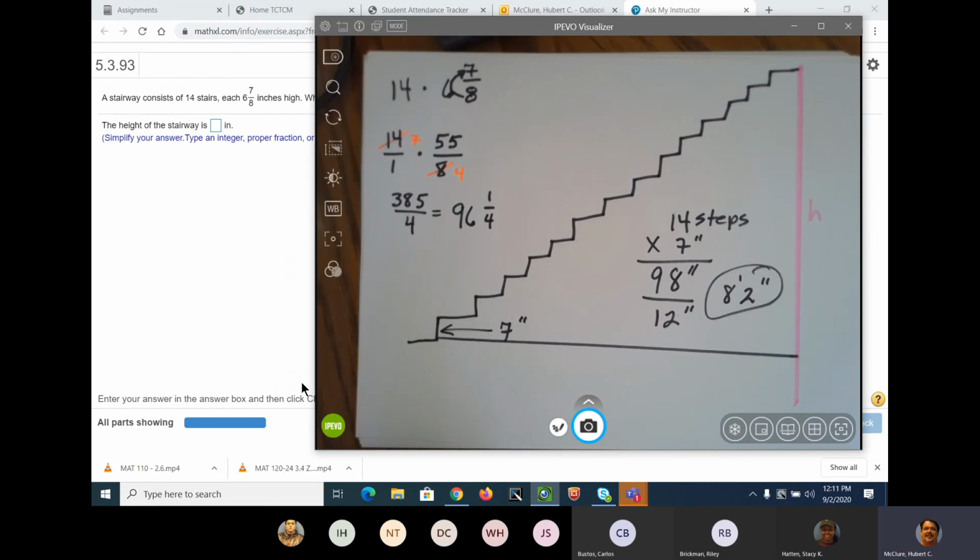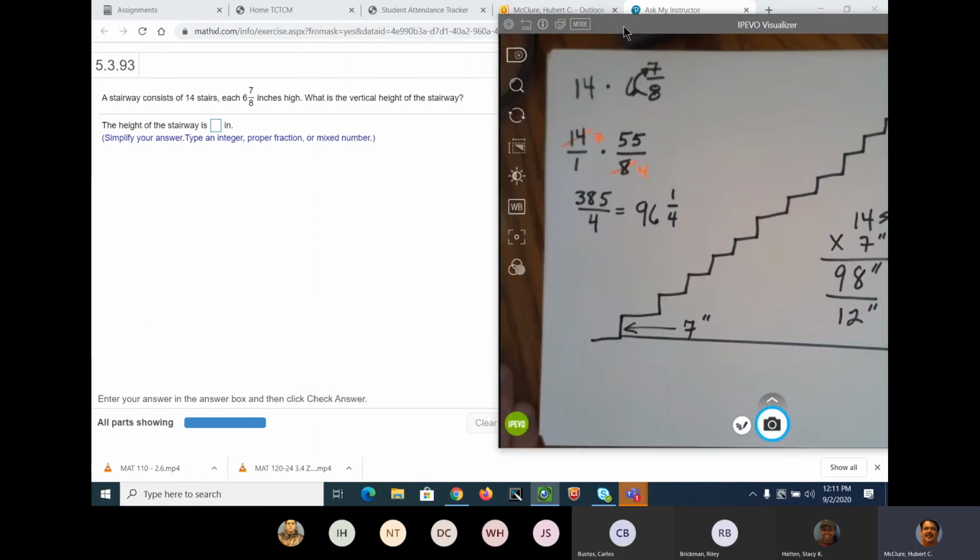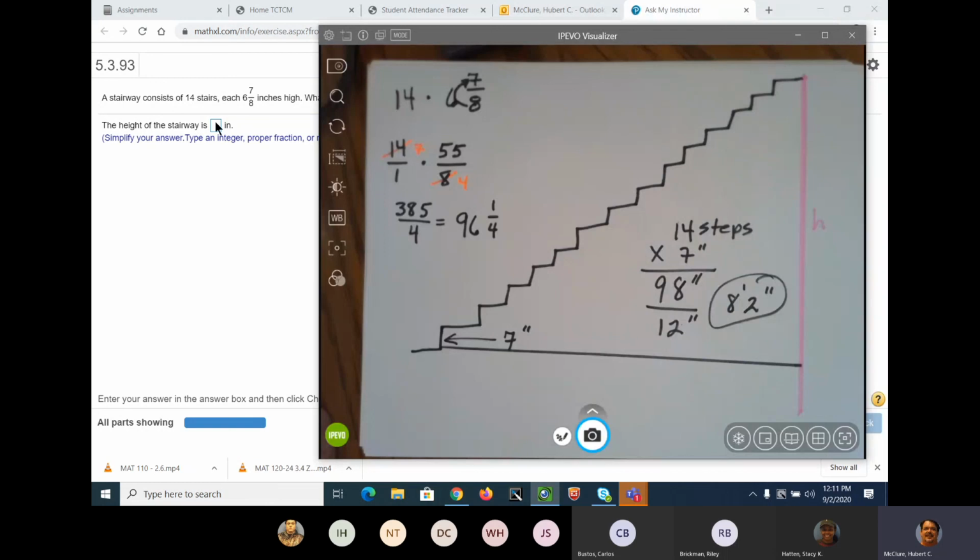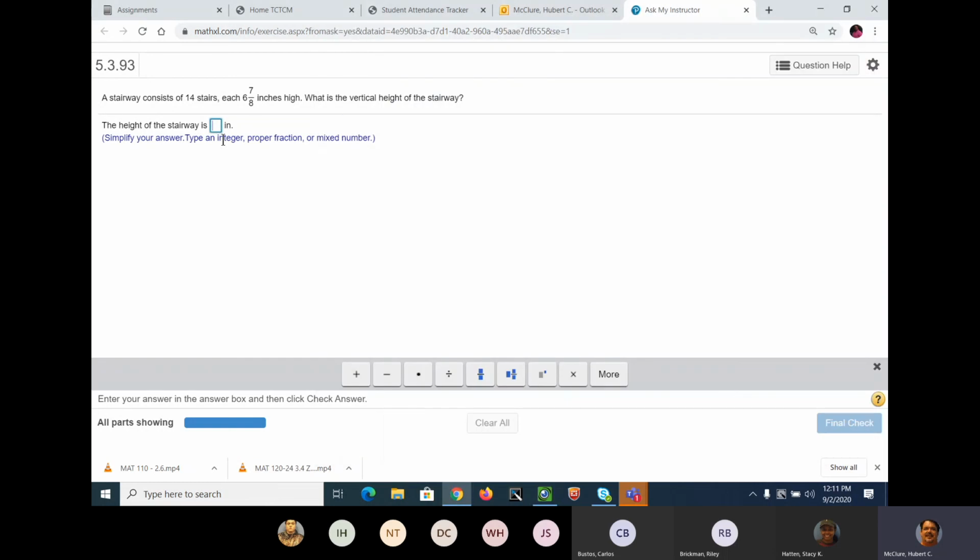385 divided by 4 should be 96.25. Y'all check me. Correct. And if you divide that by 12, I don't know if they want a proper fraction or mixed number. So they want inches. So that's going to be 96 and 1/4.